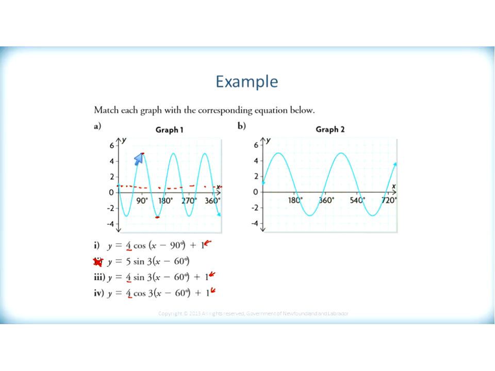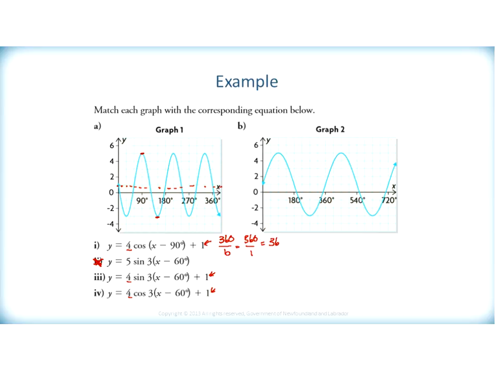The period of this one goes from maximum to maximum, from 90 degrees to 210. The period of the first function is going to be 360 degrees divided by b, which is 360 degrees divided by 1.